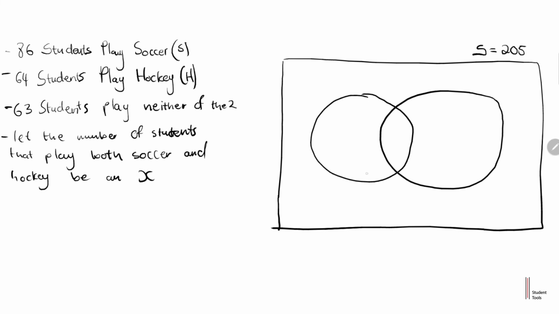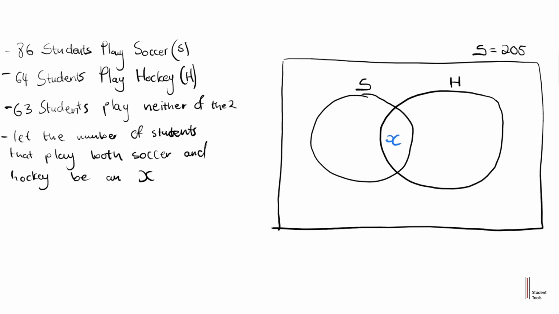Yes, so this will be for soccer and this will be for hockey. The last pointer that we were given, we were told that we let the number of students that play both soccer and hockey be X. So we will put that X over here, at the intersection.